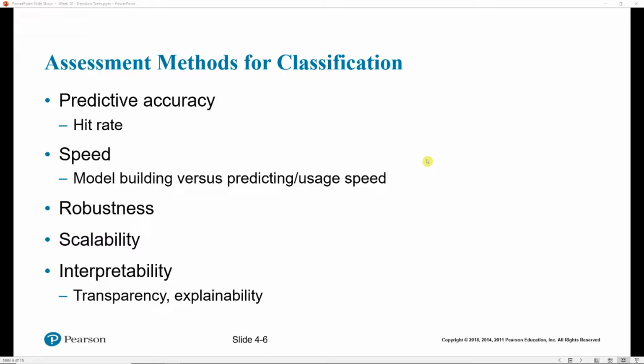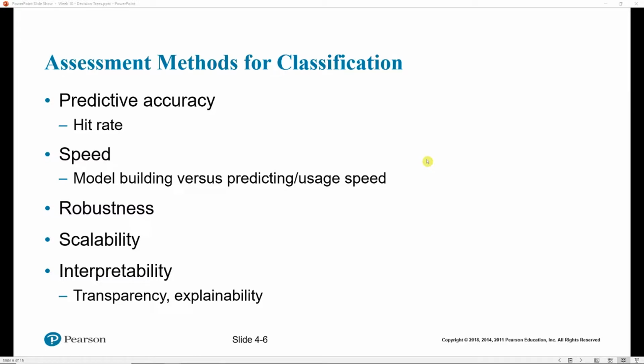When we talked about regression, we talked about different ways to assess the quality of our model. Specifically, we looked at whether or not factors in the model were significant, and then we also took a look at the R-squared value. There are, of course, other ways to assess that, but in terms of classification, we are going to assess the model by looking at the predictive accuracy of the model.